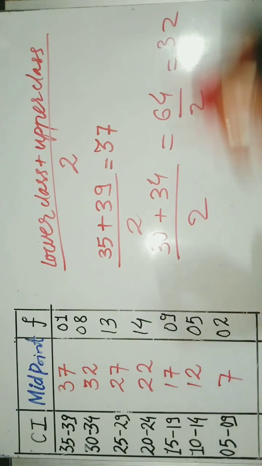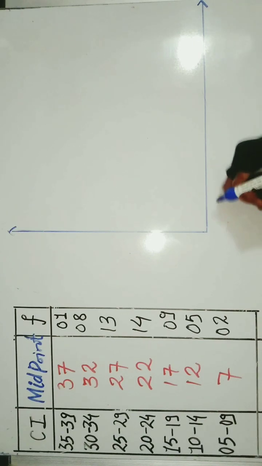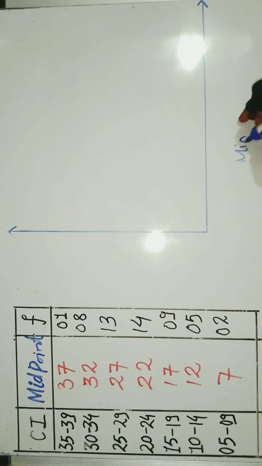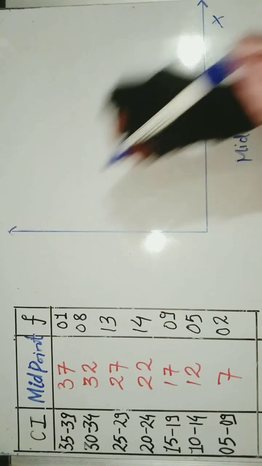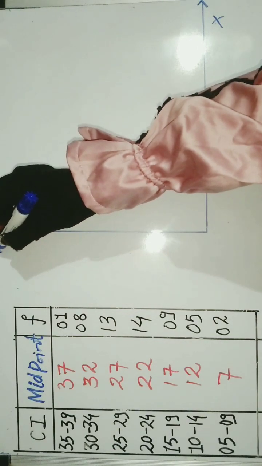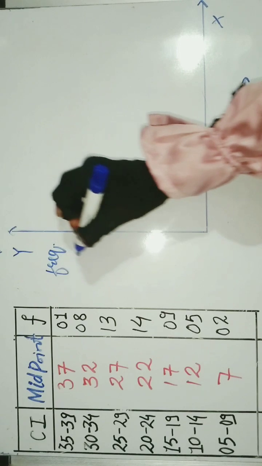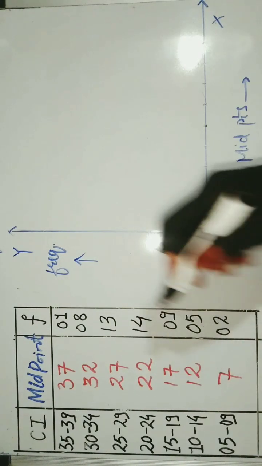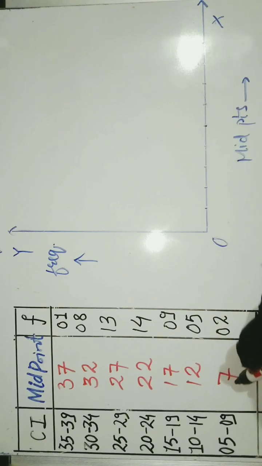Let's draw x and y axis. Now we have to plot midpoints on the x-axis, and on the y-axis we have to plot frequencies. So let's plot these midpoints on the x-axis. Our first midpoint is 7.